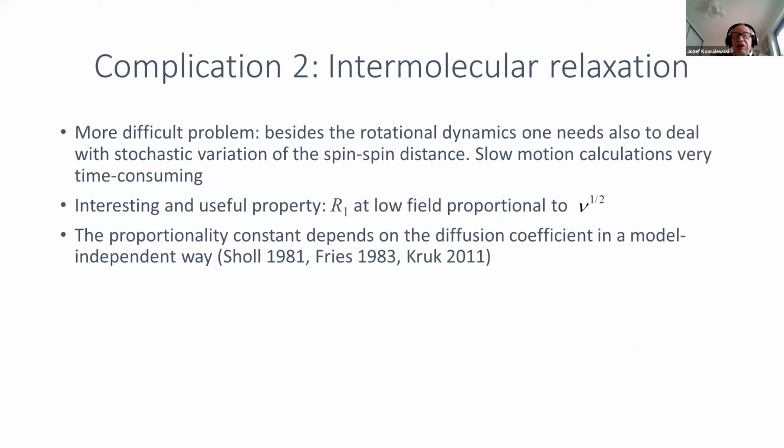The second complication is the intermolecular relaxation. As I said, we can have the paramagnetic relaxation enhancement also in a situation where the paramagnetic species and the nuclear spins are in different molecules and move more or less freely with respect to each other.